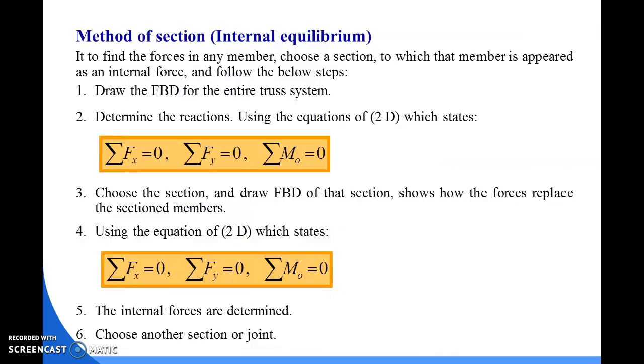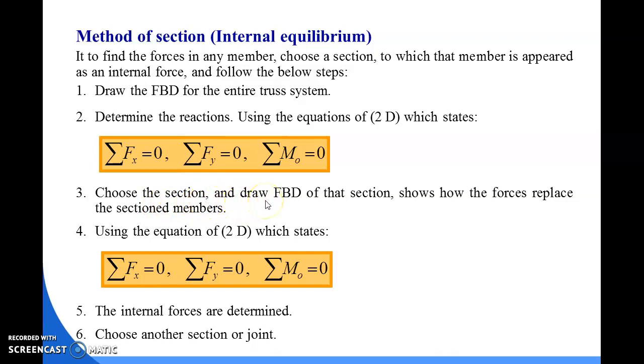Then the method of section is also a part of internal analysis. Here it is the same as the method of joint. First of all, we need to draw the free body diagram of the entire truss system. In the second step, we determine the reaction forces according to the equations of equilibrium. Then choose the appropriate section.